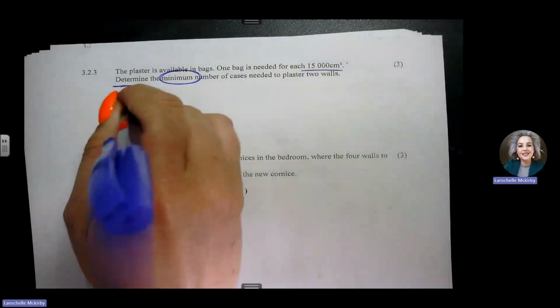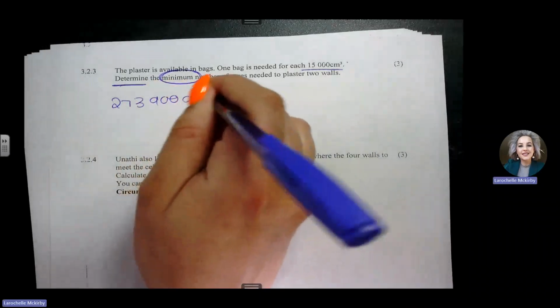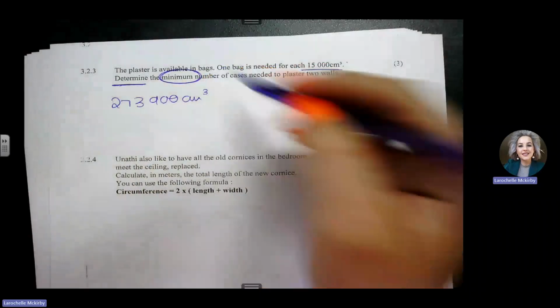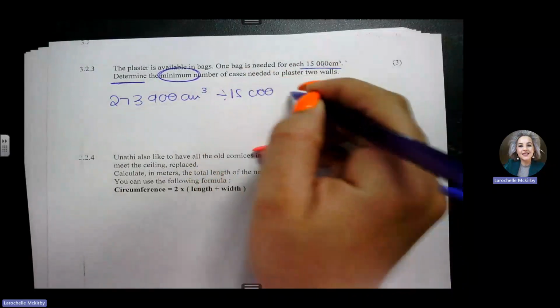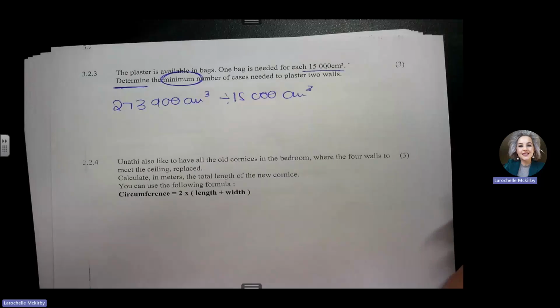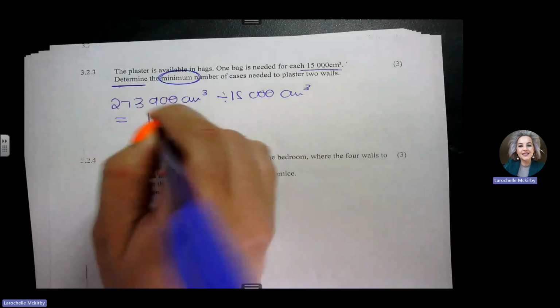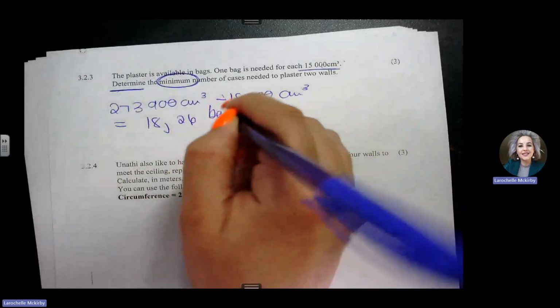I'm writing it here, 273,900 cubic centimeters. And I need to see how many bags. So one bag is worth 15,000 cubic centimeters, so I'll divide by that. And you can do that cross multiplication if you'd like. It doesn't really matter. But the answer comes out as 18.26 bags.